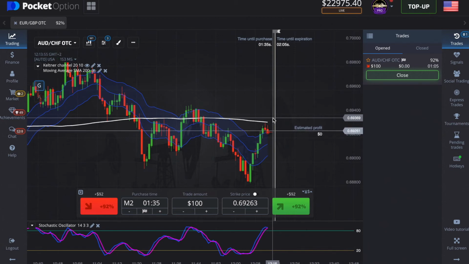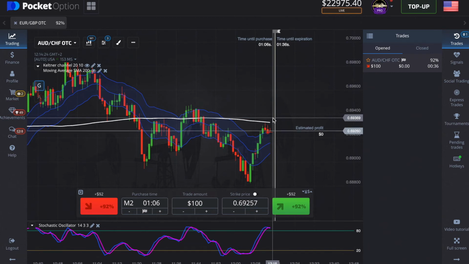That was really weird. But like I said, we're on the right side of the white line. I have a bias towards put options because we're in a downtrend. So we should win this one. Yeah, you see that?